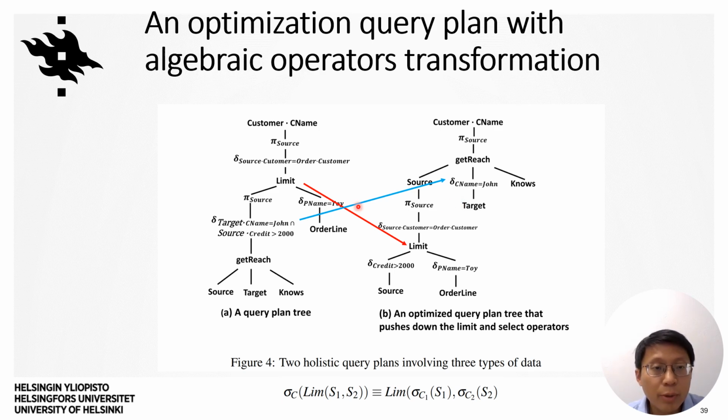You can see that we can change the order of the limit and switch it with the selection operation. In this way, we can improve the query performance. Therefore, the previously defined algebraic rewriting rules based on multimodal data can be used for the query optimization of multimodal databases.